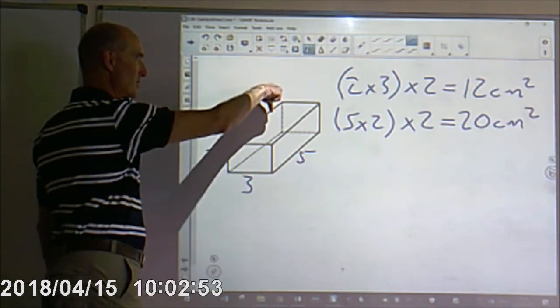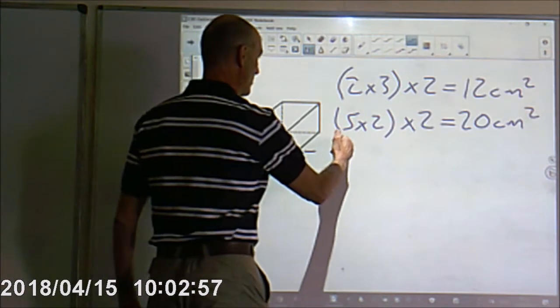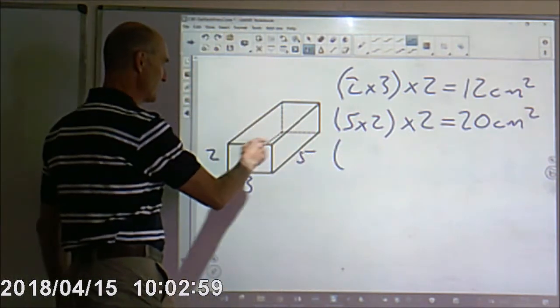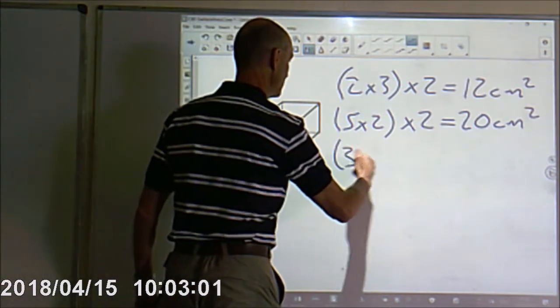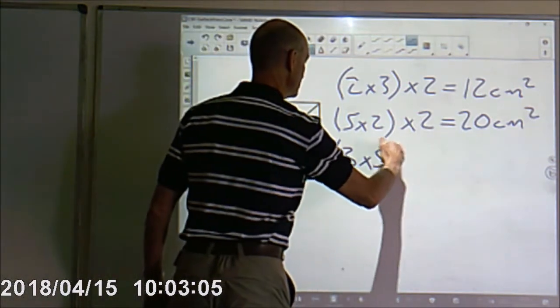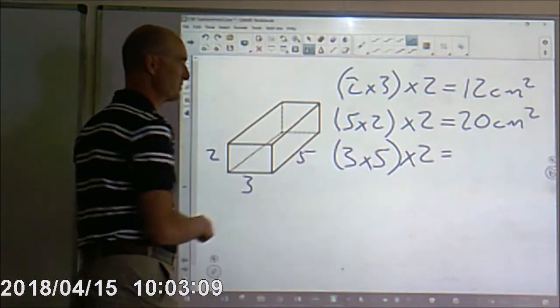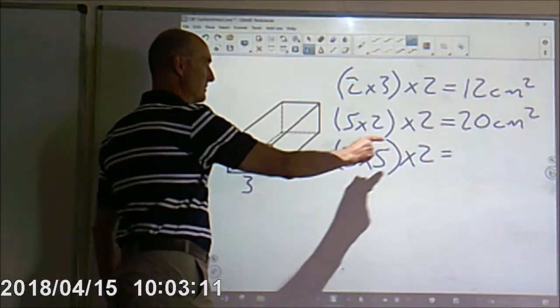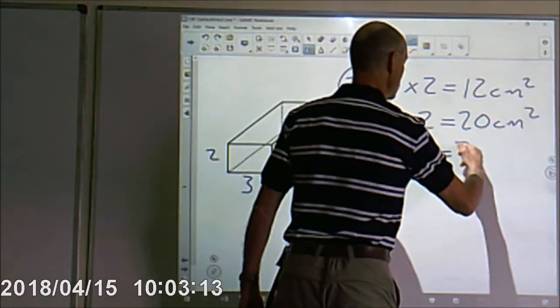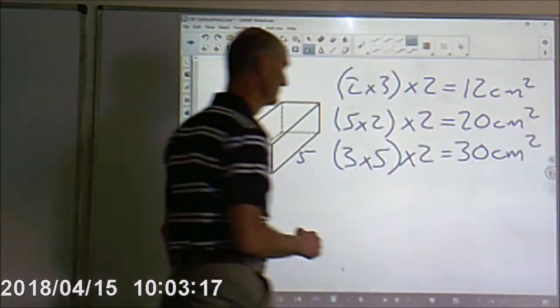We've got the top and we've got the bottom. So each of those is 3 centimetres by 5 centimetres. And again, we've got 2 of them. 3 times 5 is 15. 2 lots of 15 is 30 centimetres squared.